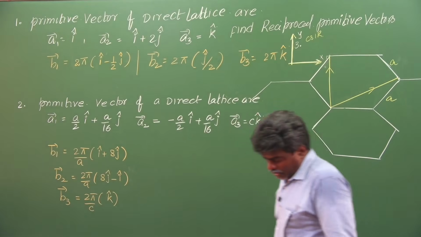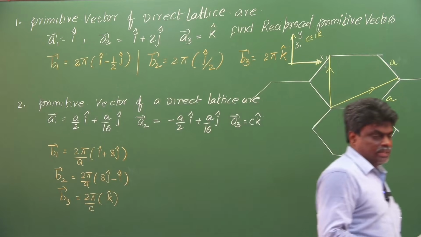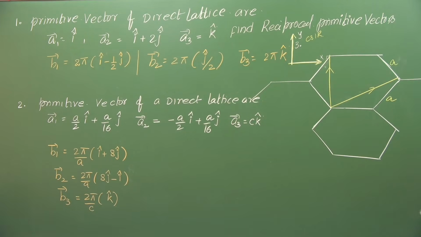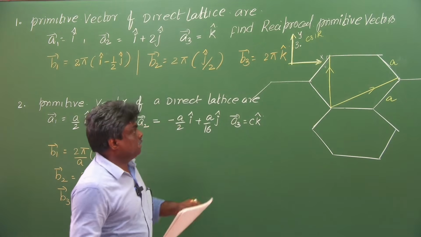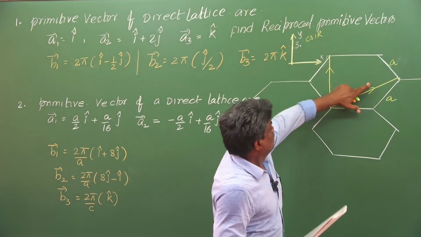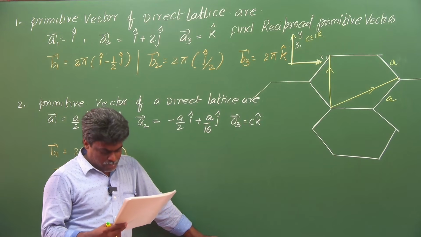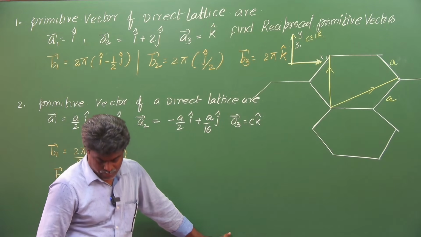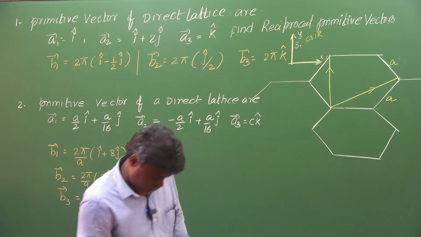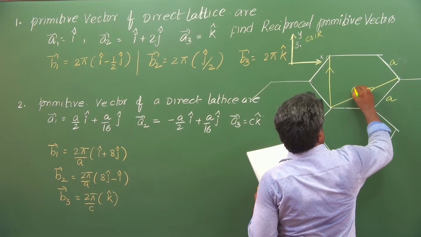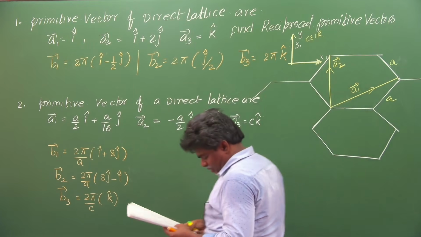Next one, again CSIR. Consider a hexagonal lattice with the basis vectors A1 bar and A2 bar as shown in the figure.